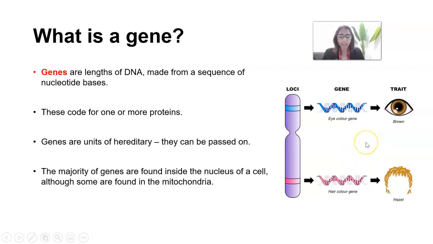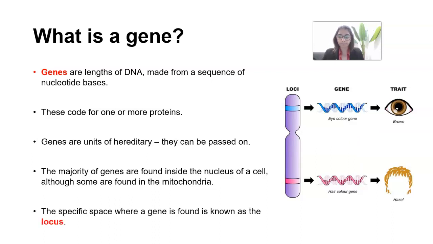However, you do get about 37 genes that are found in a circular disc in the mitochondria, and that forms mitochondrial DNA. Now the specific location where these genes are found is called the locus. So if we're talking about more than one, we're talking about loci. So the locus for the gene for eye color is found on the upper portion of this chromosome.